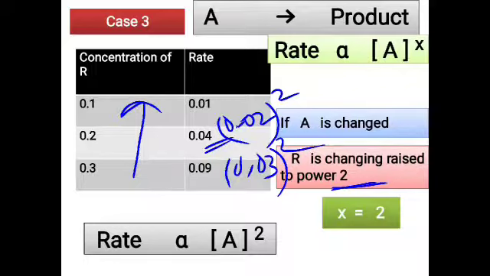Such types of reactions are called second order reactions, where the rate is directly proportional to the second power of the concentration of the reactant. If you just see this equation, you could define any reaction: zero order, first order, and even second order. Any order can be defined just by seeing that equation.